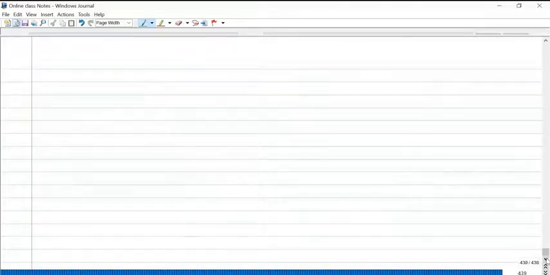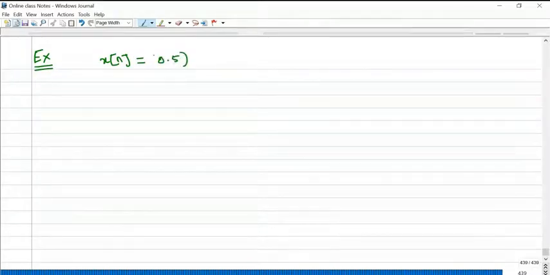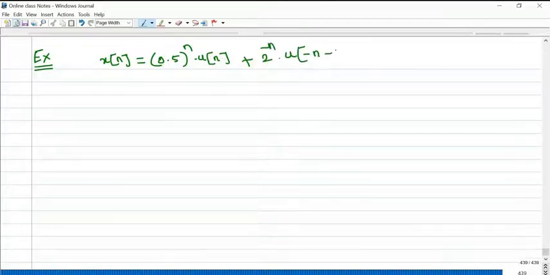Okay. So only one problem we will solve in today's class. Example, x of n equal to 0.5 power n u of n plus 2 power minus n u of minus n minus 1.